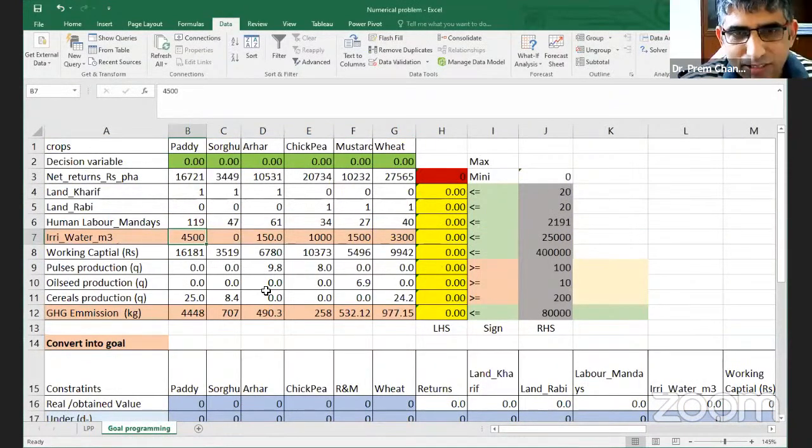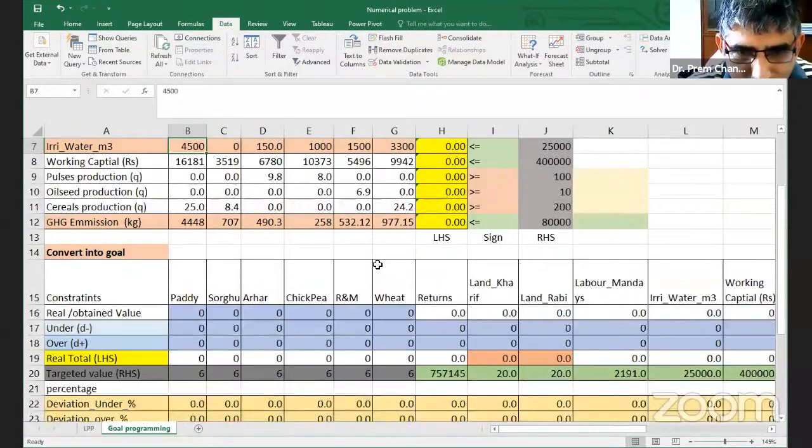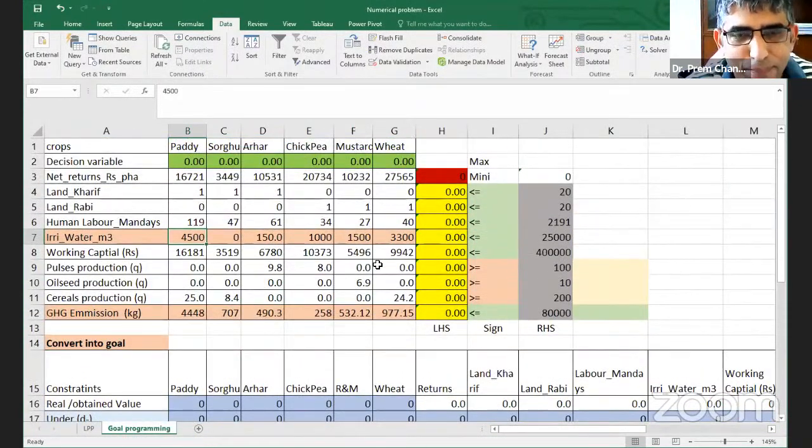I thought the sheet would become too lengthy and you wouldn't be able to see it, so I did these calculations below this LP. If you try, you will understand. I have just added these 2 dimensions to the formulation of the LP problem.